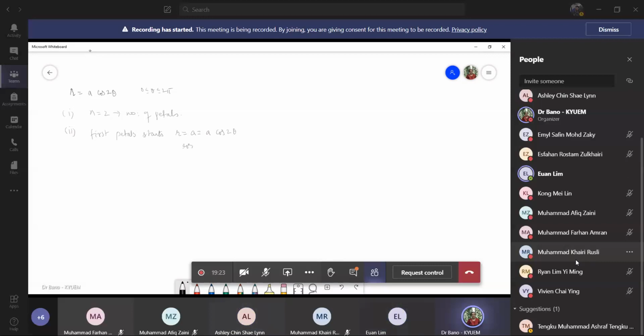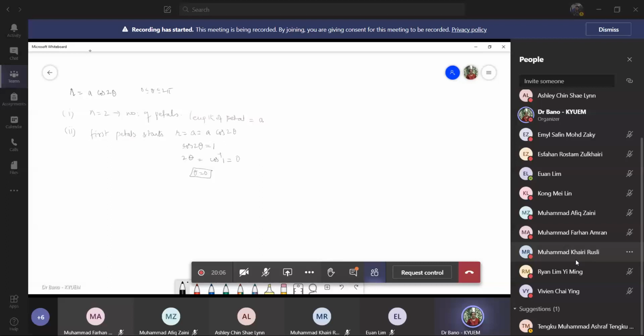Yes. So 2 theta is equal to cos inverse of 1, because I need only one value here, which is zero. So theta is equal to 0. So your first petal should start with theta is equal to 0. What will be the length of the petal? A. You can write that down also.